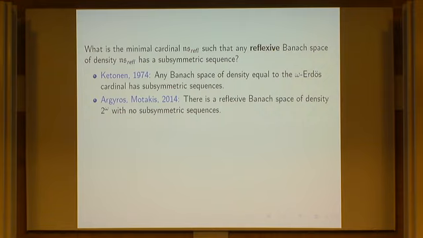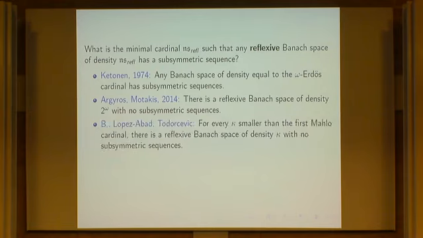Argyros and Motakis got last year an example showing that this cardinal is at least uncountable, because we already have a separable Banach space with no subsymmetric sequences. Then Argyros and Motakis got an example of a reflexive Banach space of density continuum with no subsymmetric sequences.